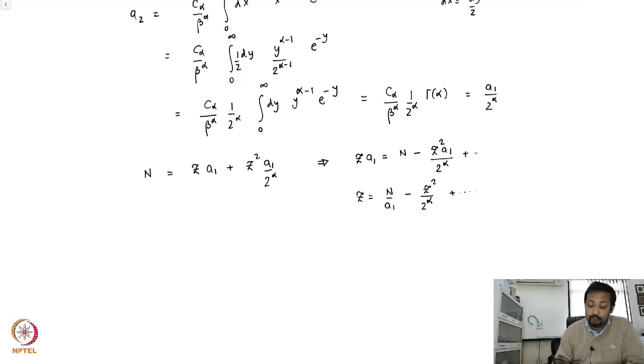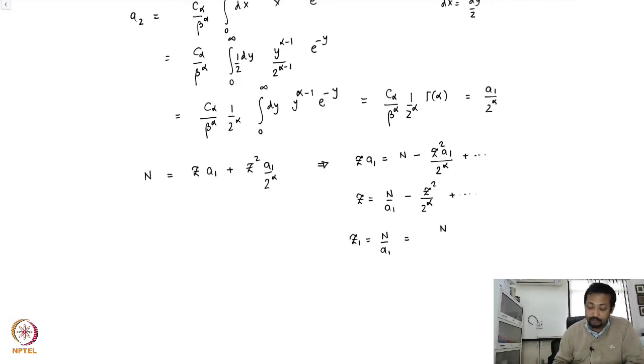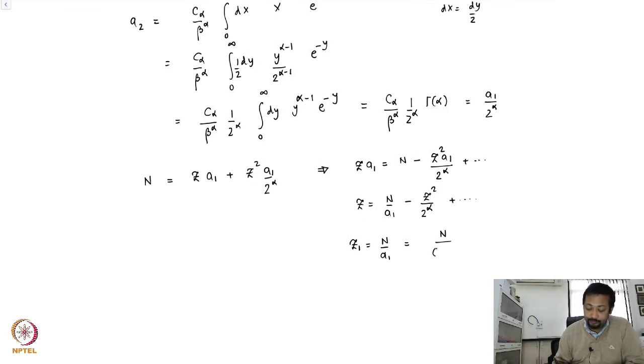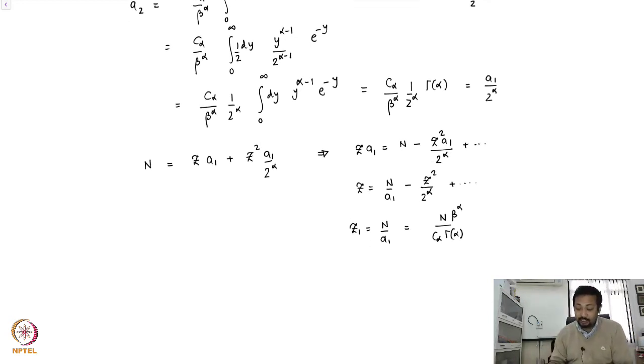To the leading order I have z as n over a1, where a1 was c_alpha gamma alpha raised to the power beta alpha. This is the same result that we obtained in the earlier lecture.